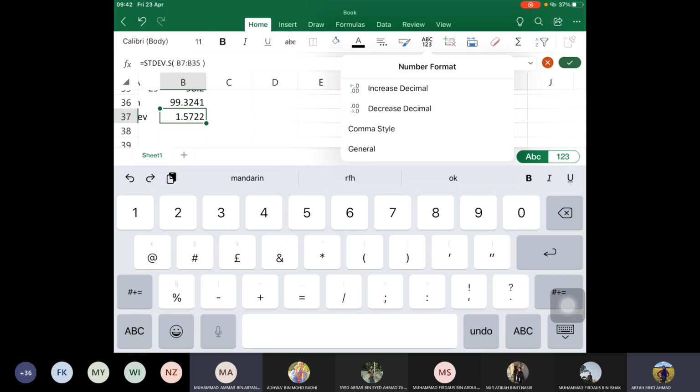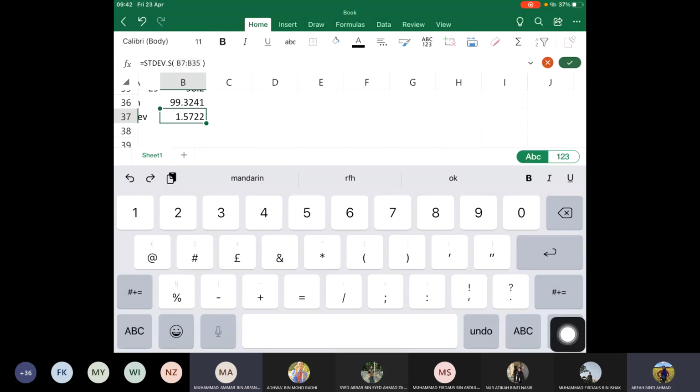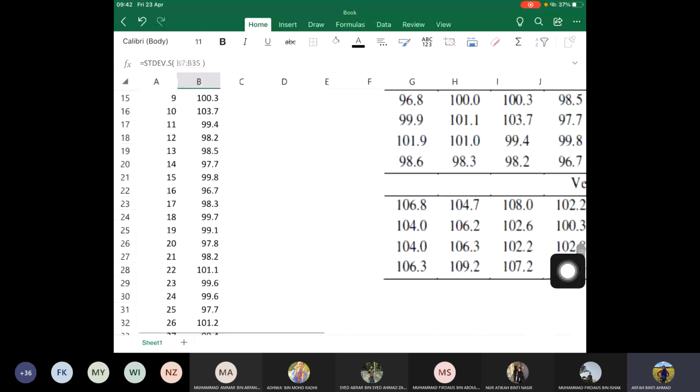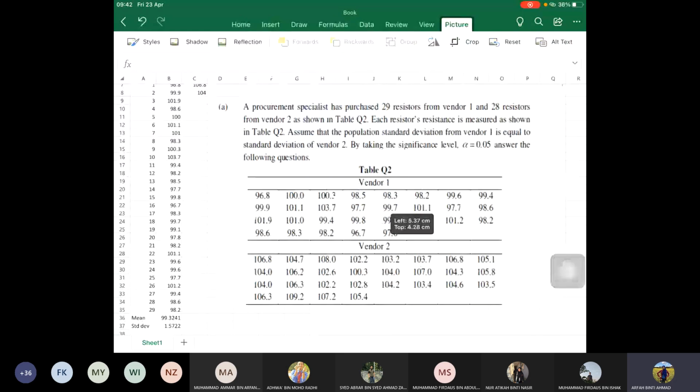Baik, ingat kat soalan tu dia kata assume population. Assume population itu sebab kita kena assume yang populasi. Sebab kita kan ada dua data sample, tapi yang dia bagi dia kata ni assume the population standard deviation.